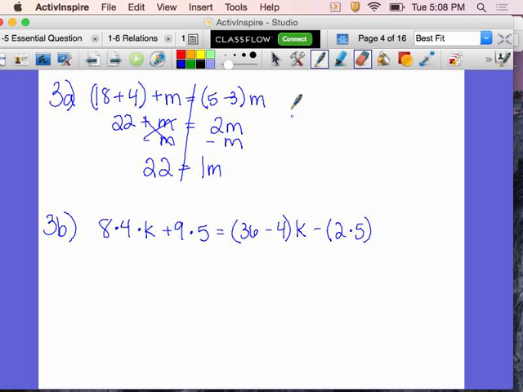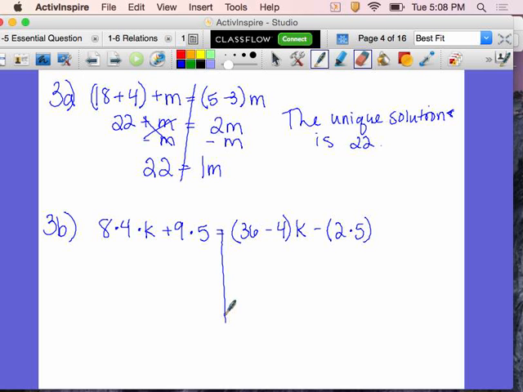So the unique solution is 22. All right, next one.